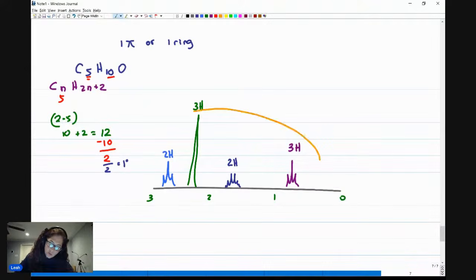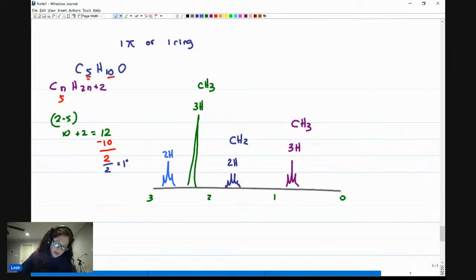So these aren't representing carbon atoms, these are hydrogens, but the hydrogens sit on a carbon. So if I have 3 hydrogens, then this is probably a CH3, 3 hydrogens sitting on a carbon. 2 hydrogens would be a CH2. 3 hydrogens would be a CH3. And 2 hydrogens, once again, would be a CH2.